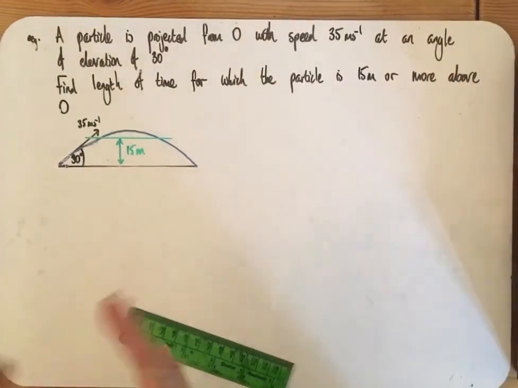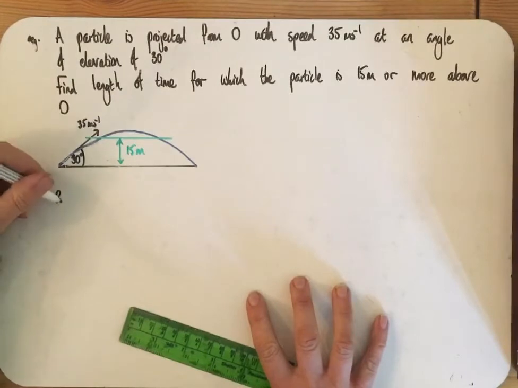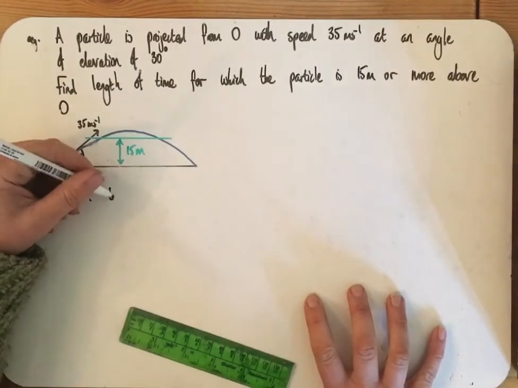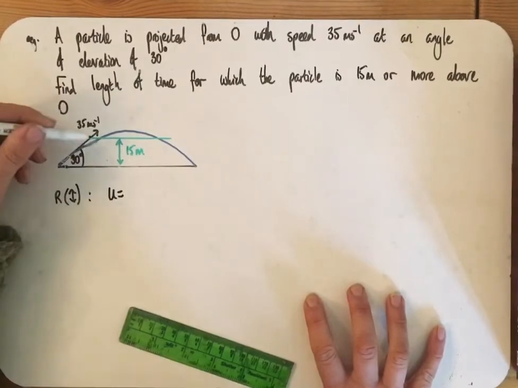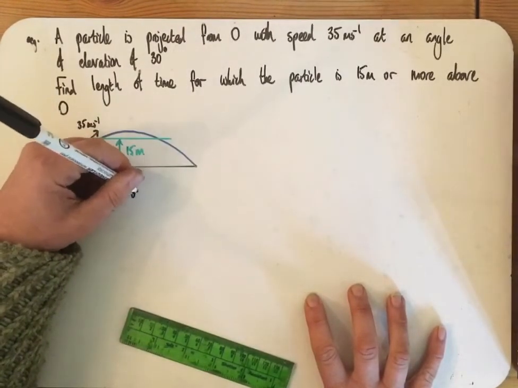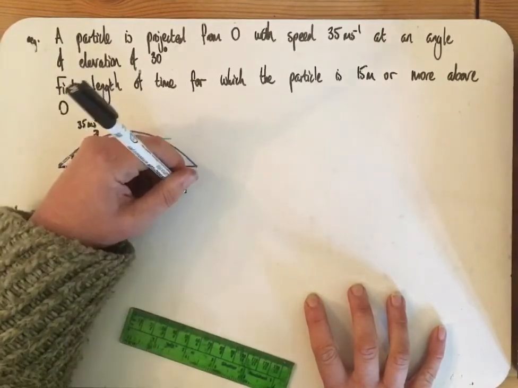So again, we're kind of interested in that vertical. So resolving vertically. I'm hoping you're not going to find these too bad. U is equal to 35 sine 30 to give you the opposite vertically. Sine of 30 is a half, so that gives you 17.5.